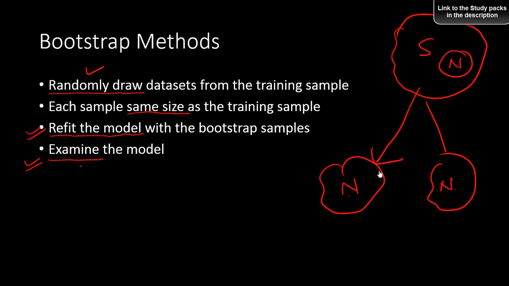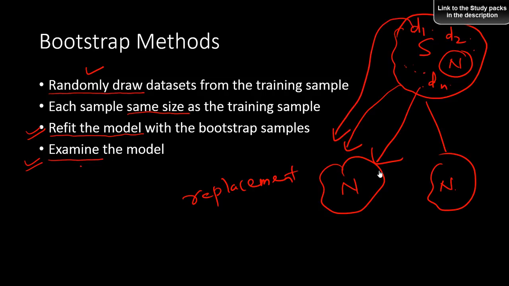When we have n observations in the subsamples, we need not have all the observations present in the main sample in our subsamples, because we are taking observations with replacement. That means if we have data point 1, data point 2, N data points, and data point 1 has been selected once, it can well be selected twice, because it's with replacement. So there will be many duplicate data points in a sample.